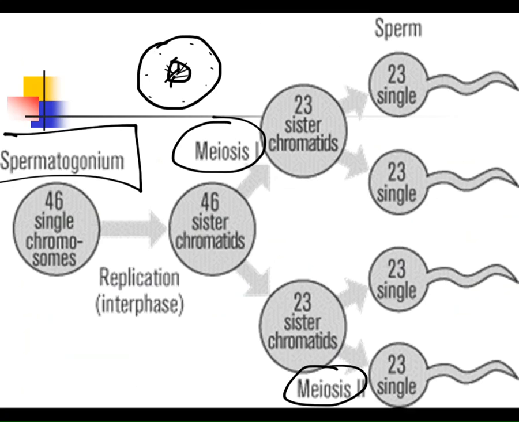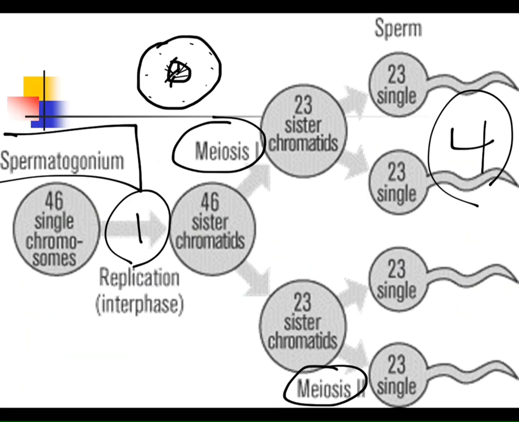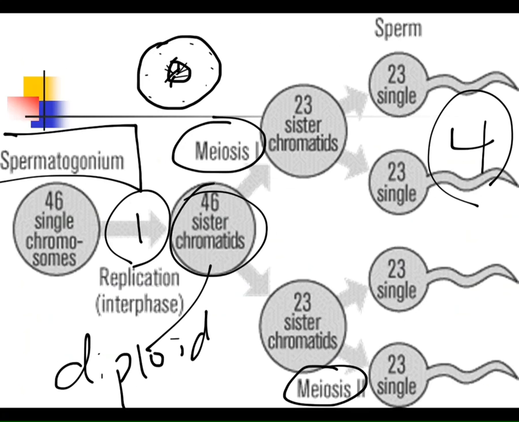Just know that in the process of this, we start off with one cell, and we end up with 4 different genetically unique sperm, so that each fertilization is a unique sperm uniting with a unique egg to give a unique individual. So that's what the 23 and the 46 represent. 46 because these cells are what? What's the word? Diploid. And 23 being haploid, one set of chromosomes.